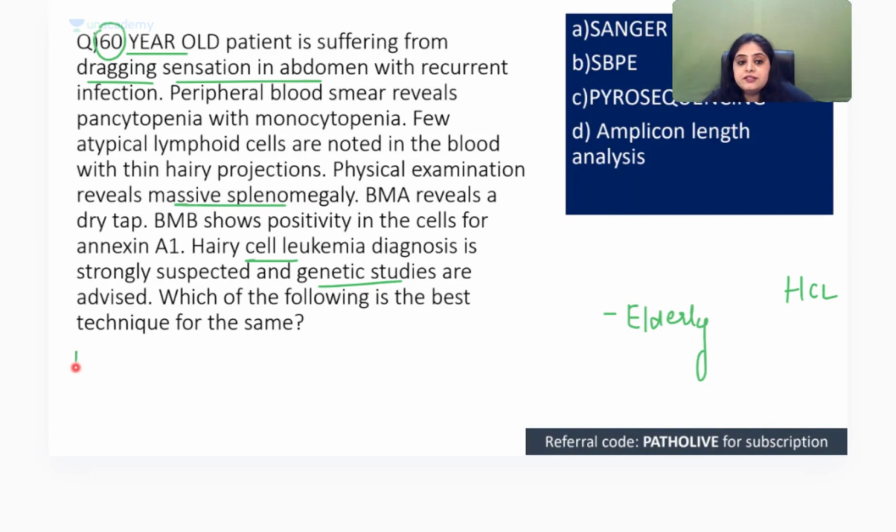So remember, in a hematology case, when the examiner is telling you massive splenomegaly, sometimes the diagnosis is written, but when you start reading, you don't know what the examiner is talking about. When we are talking about massive splenomegaly, keep 3-4 diagnoses which are most commonly asked.